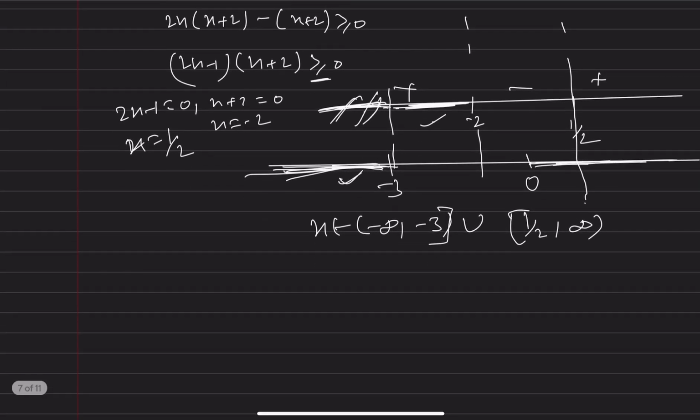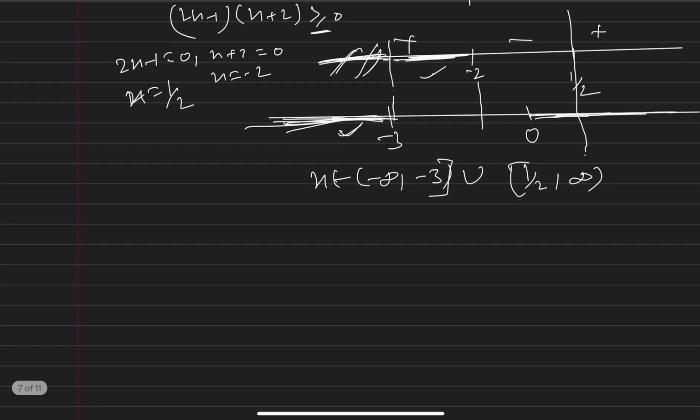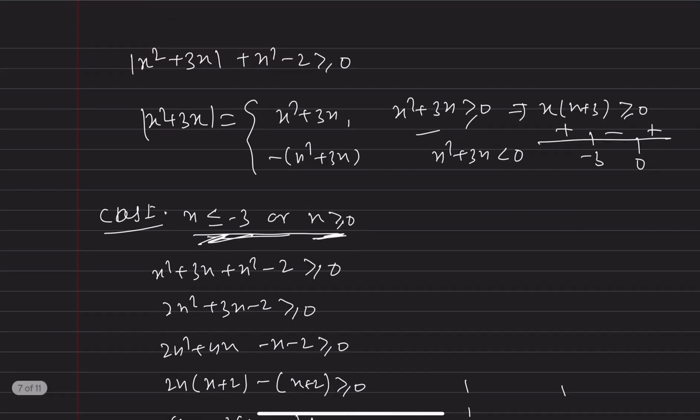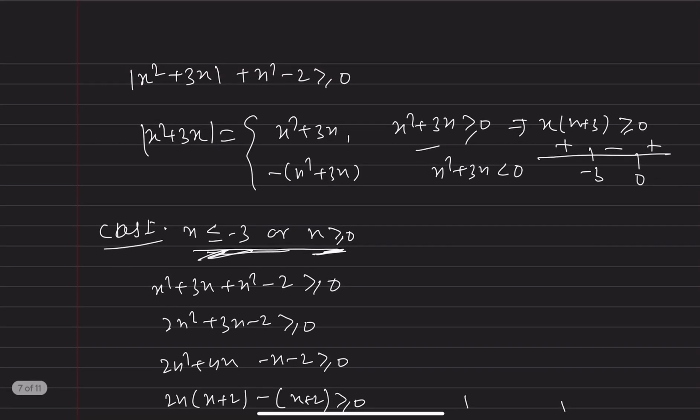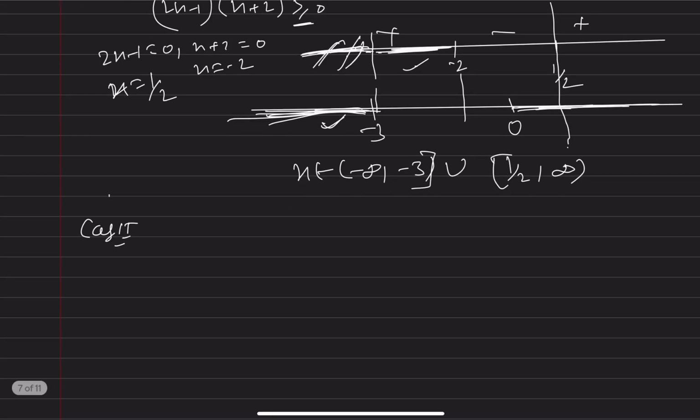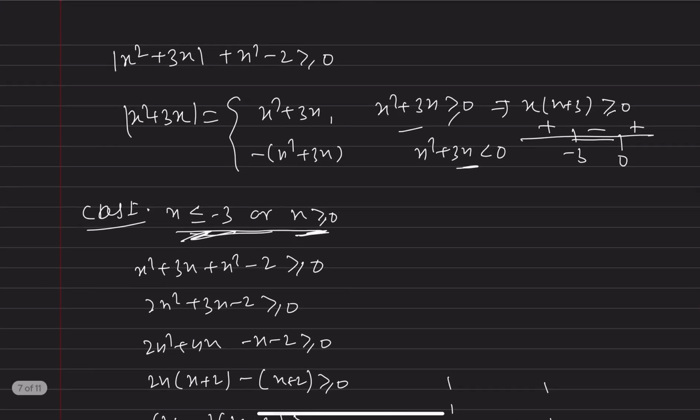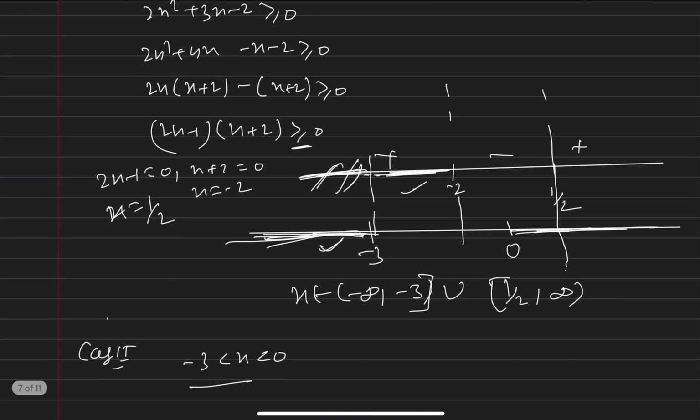Now you have to consider the second case also. In the second case, we have to consider less than 0, so minus 3 to 0, meaning minus 3 less than x less than 0. In this case we have this expression as a negative, with a negative sign.